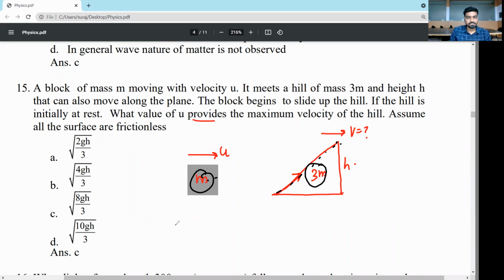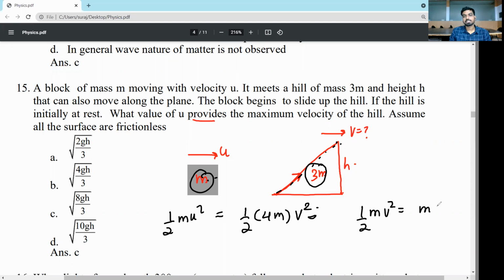Yeah, so directly we can use conservation of energy. So first is half m u square equal to half m, it will be 4m, let's say v whole square. So with this we can find v. Once I got v, then I can write half m v square equal to mgh.